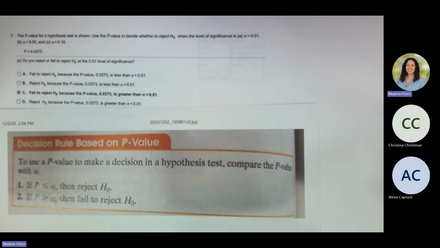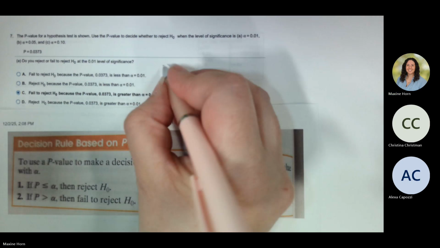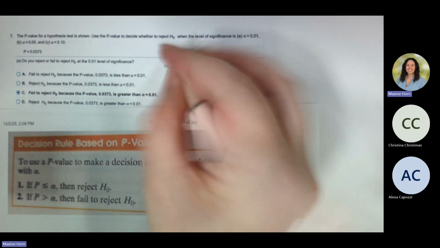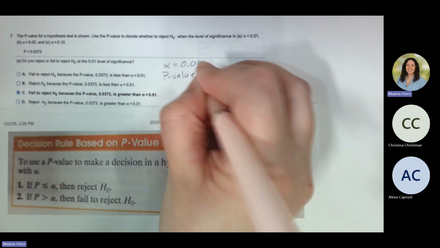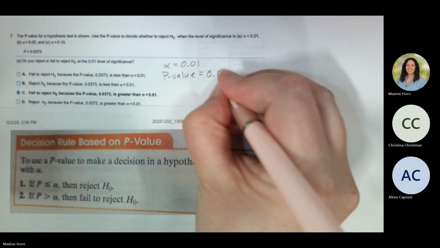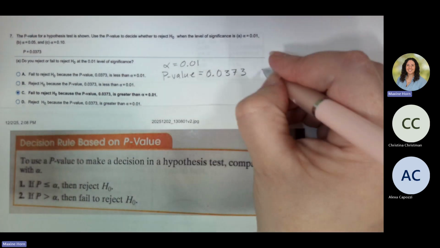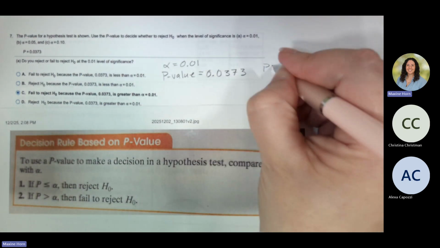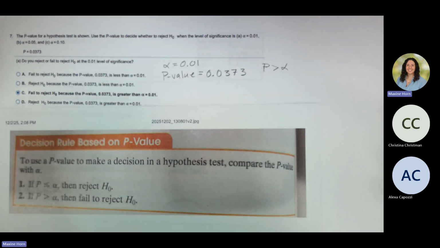Let's look at this first one. At an alpha of 0.01 and a p-value of 0.0373, what we have is that p is greater than alpha for this first situation.